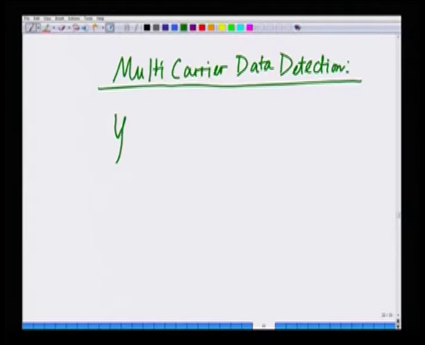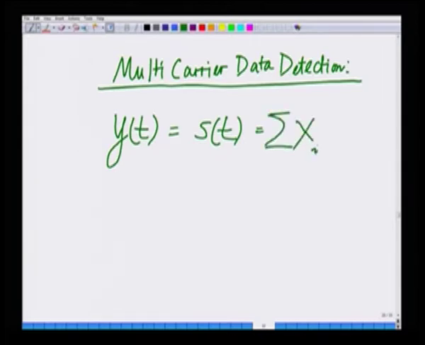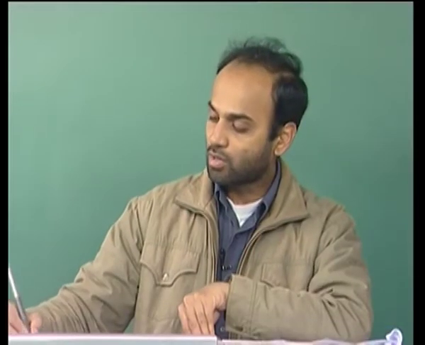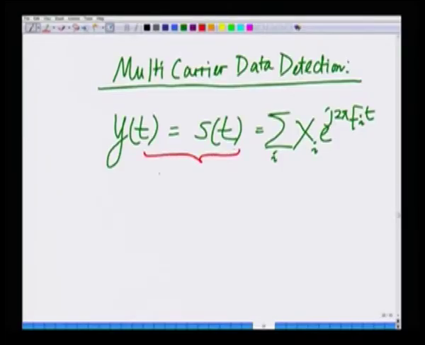So, I am going to consider a received signal y(t), which is in fact equal to the transmitted signal s(t), equal to the summation of x_i e to the power of j 2 pi f_i t. Alright, so this is the received signal. Of course, this is valid in the absence of noise.